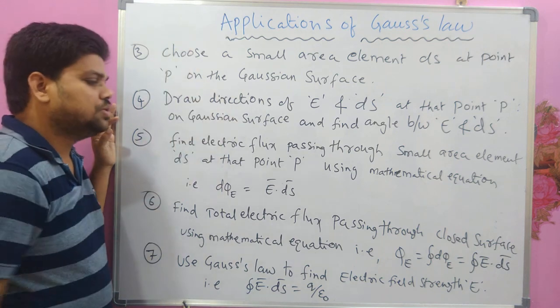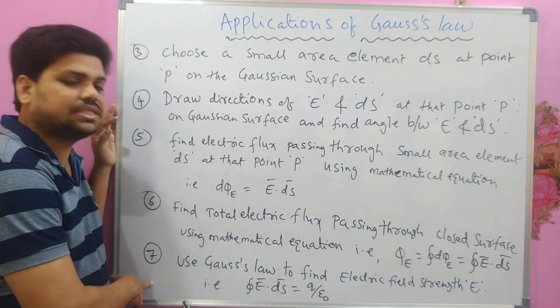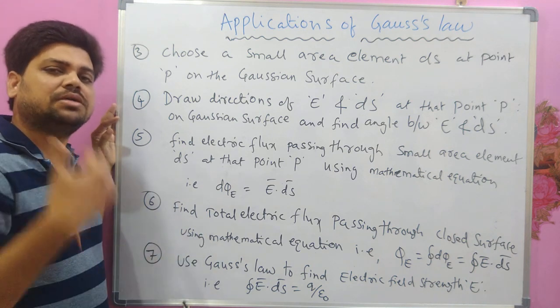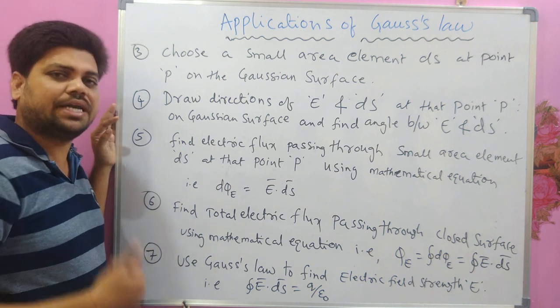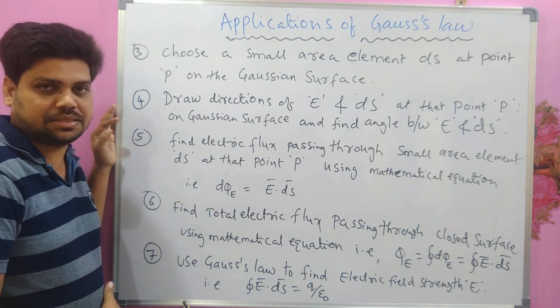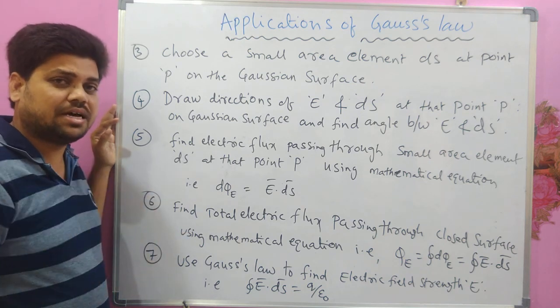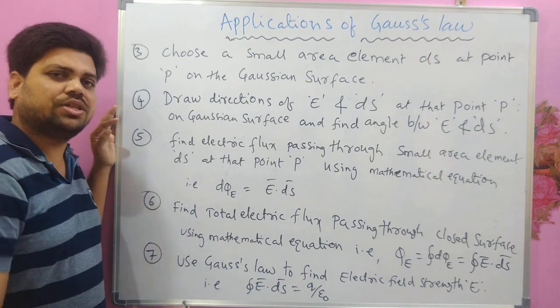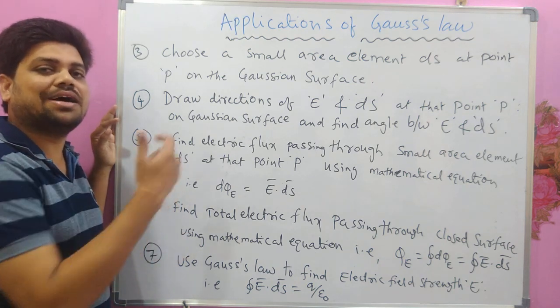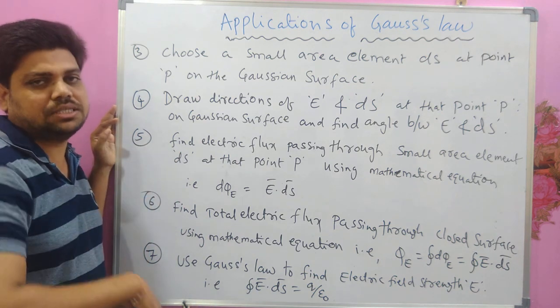And try to remember every step in sequence up to the 7th step, and whenever a problem is given to you to find out electric field strength due to a charged body or system, then follow these steps one after the other in a sequence so that you would end up with the answer, that is electric field strength due to that charged body.